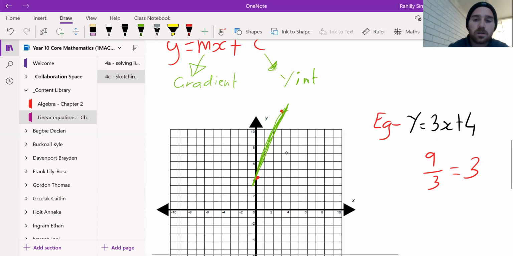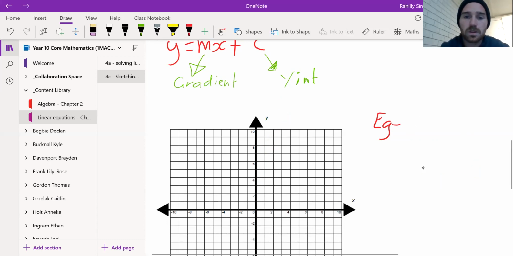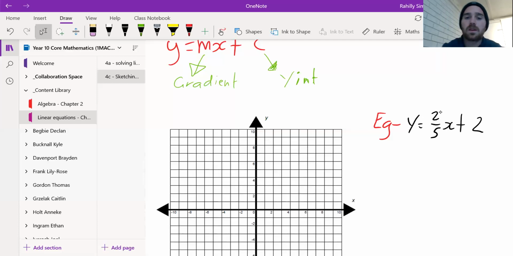I'll do another example, one that will fit on the graph, because your questions aren't always going to have a whole number as our gradient. They're going to be a fraction. So y equals 2 over 5x plus 2. Again, my y-intercept is plus 2, which is the first thing we need to do.